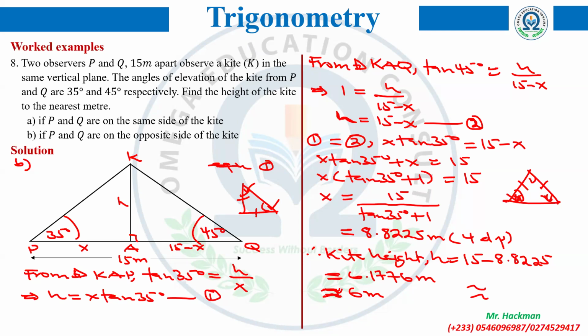So the bracket should have been after the 35, before the plus 1. So it's more or less like garbage in, garbage out. Yes, sir. I know you are smart. If you get 20 for the x, you should know it makes no sense, because 15 minus 20 gives you minus 5, and how can a length be negative? So that should click that there is something wrong. Let me go back and check.